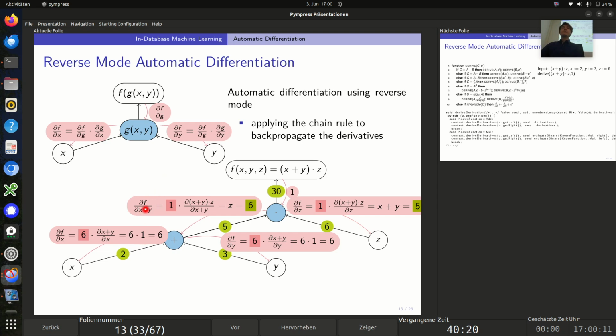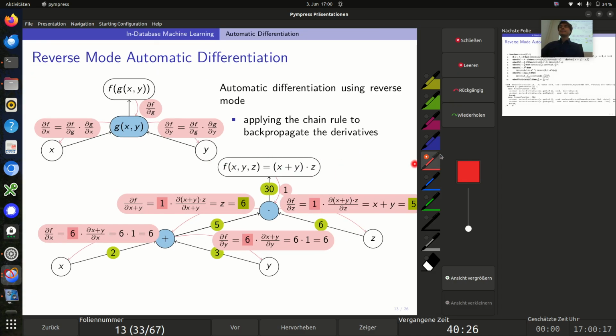Then we can make use of the chain rule, because now we have the previous one, and we only need to derive the inner part. So we're deriving x plus y with regard to x, and using the previous value as seed.